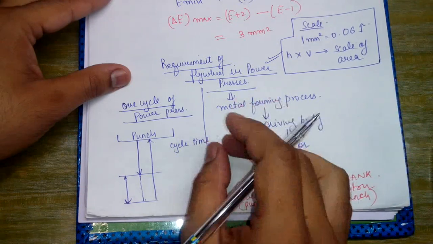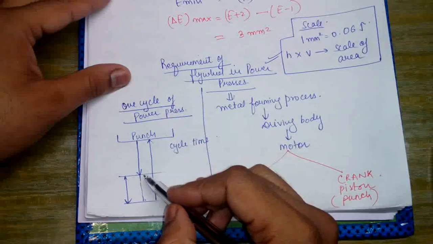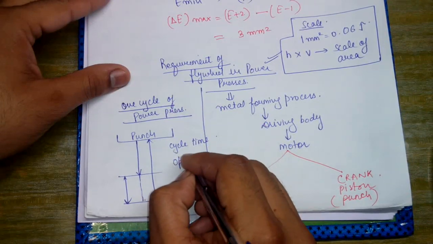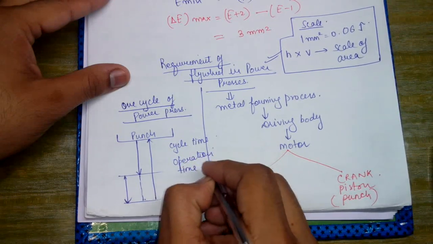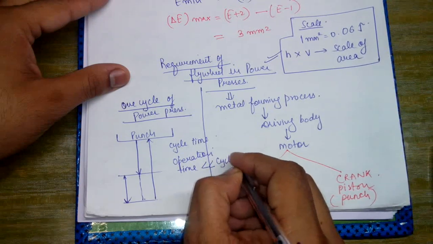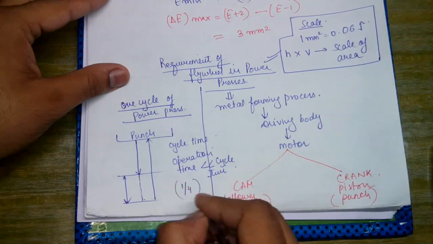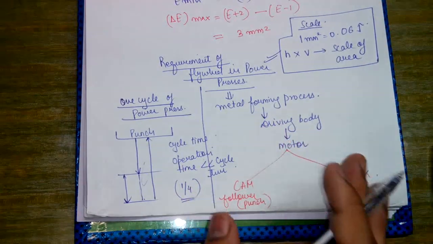But the actual operation time is very much less than the cycle time. Where is the operation happening? The operation happens only in this small region. So operation time is very much less as compared to the cycle time, and it is nearly 1/4 of the cycle time.